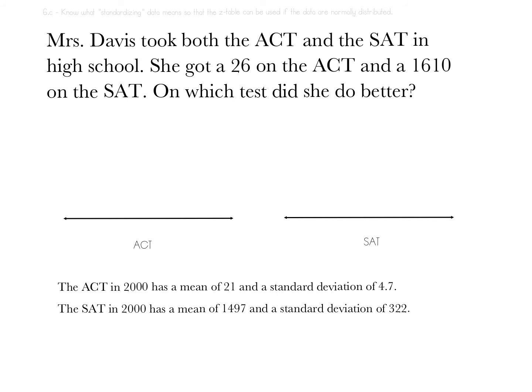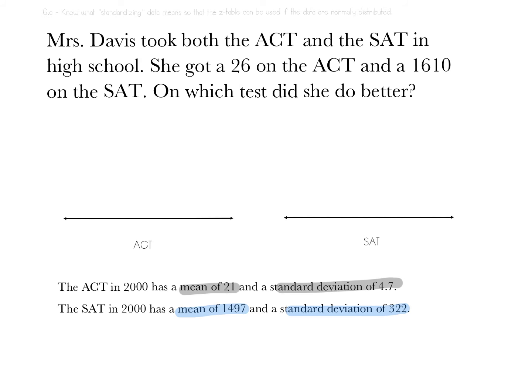So the ACT in 2000 had a mean of 21 and a standard deviation of 4.7, whereas the SAT in 2000 had a mean of 1497 and a standard deviation of 322. So I can see that in both cases, I did better than the mean. But how much better than the mean did I do on which test?